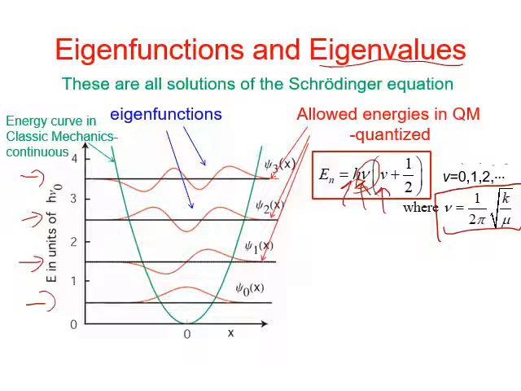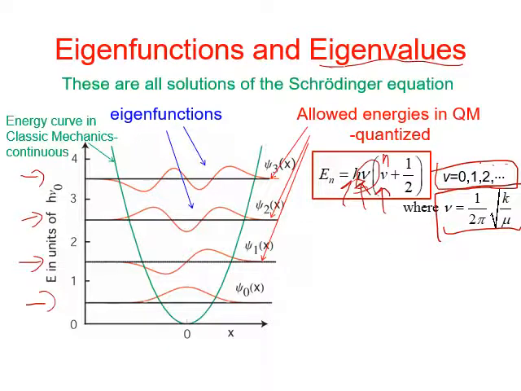Just like when we solved the 1D box model, you have a quantum number. Here we use the symbol v, but some textbooks use n. It doesn't matter which one you use. Energy is determined by a quantum number that has allowed values 0, 1, 2, 3, 4, 5.